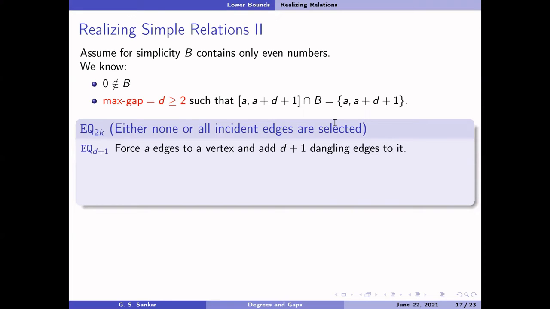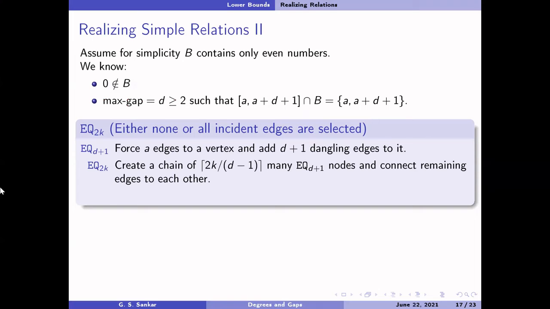So now the two solutions you have are choosing no dangling edge, in which case this vertex will have degree A, which is fine because A is in B. Or you can select all the dangling edges, in which case the vertex will have degree A plus D plus 1, which is also fine. But there's no in-between solution here because there's a gap between these two numbers.